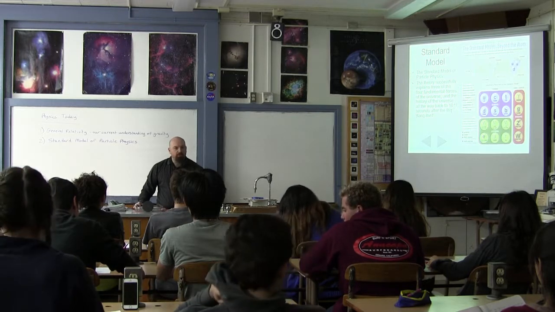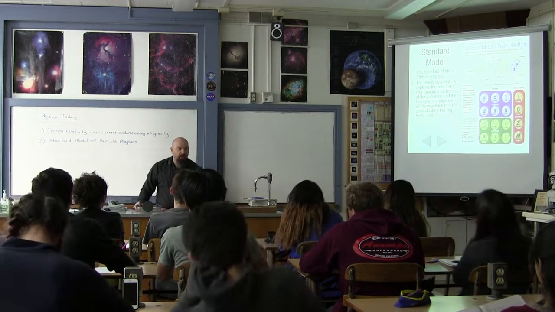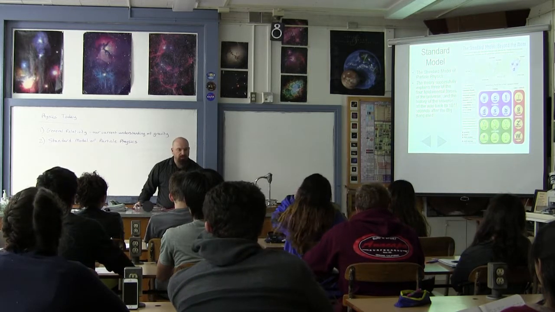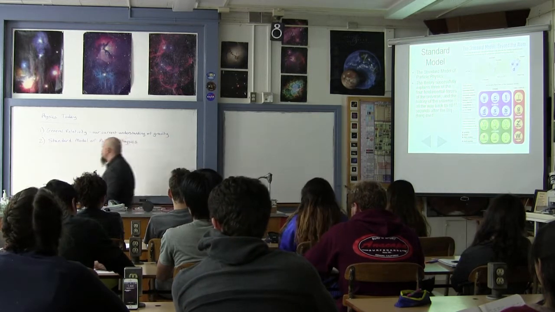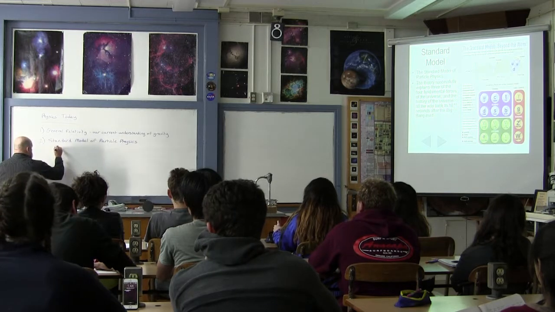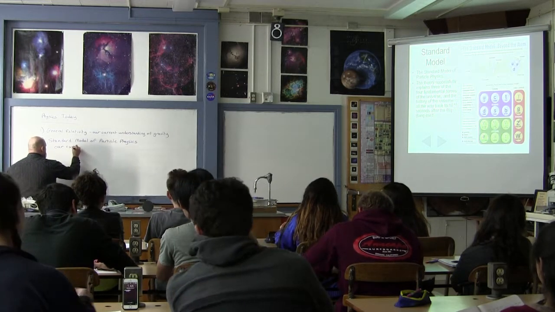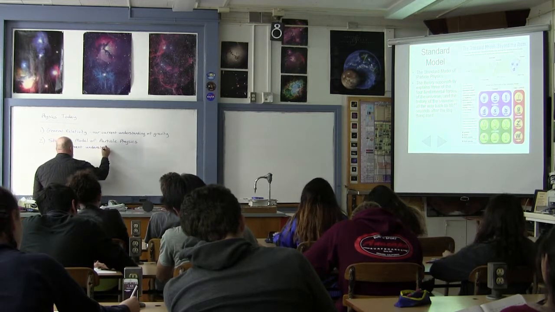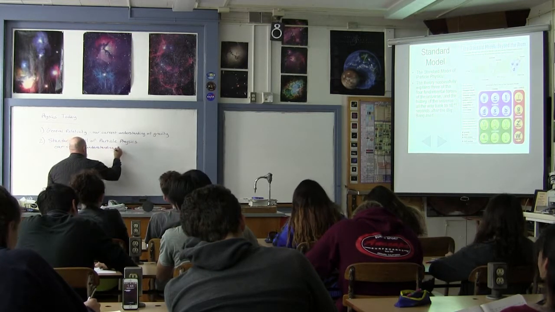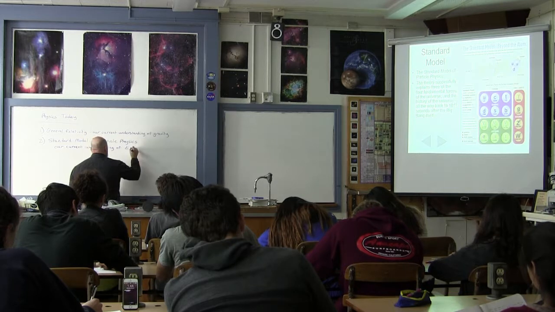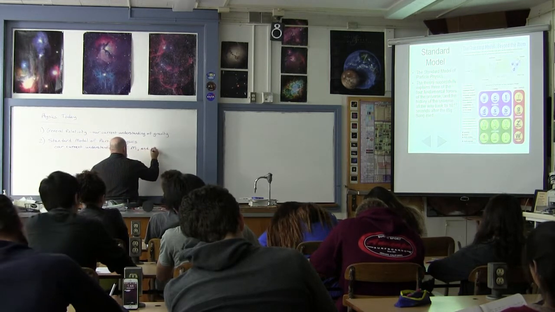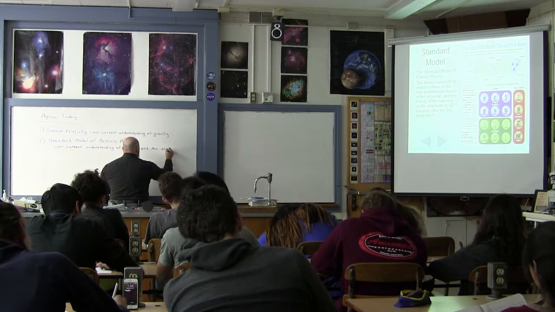The weak nuclear force is actually what governs radioactive decay. It's another fundamental force that occurs within the atom's nucleus itself. So the Standard Model of Particle Physics is our current understanding of electromagnetism, which is called E&M, and the strong and weak nuclear forces.